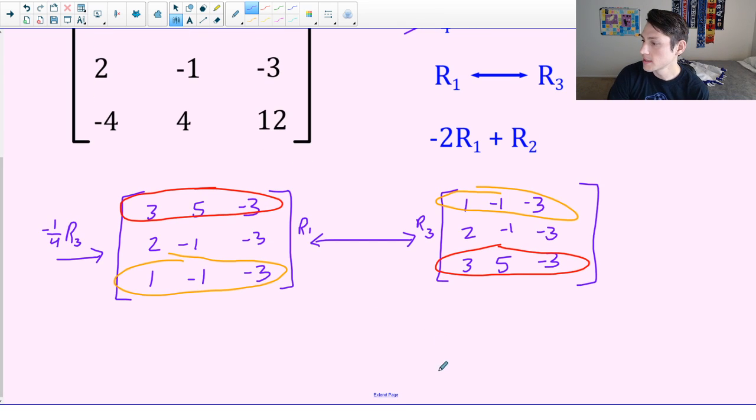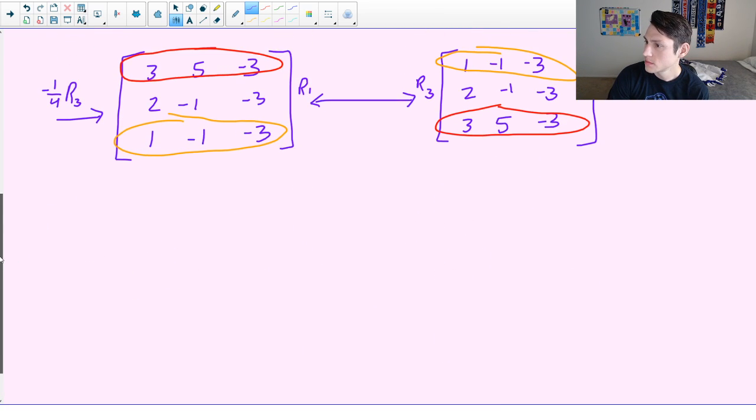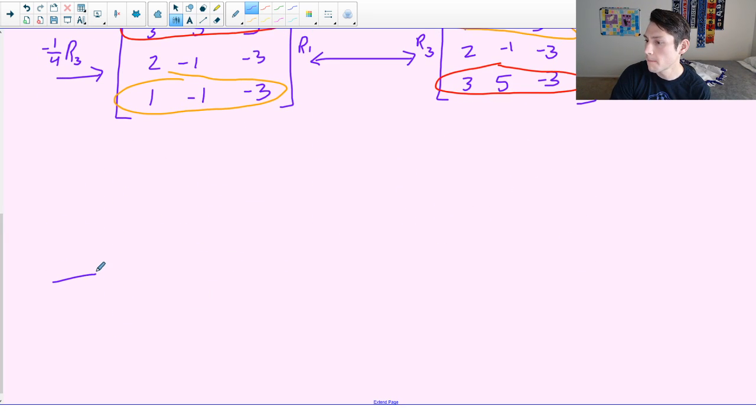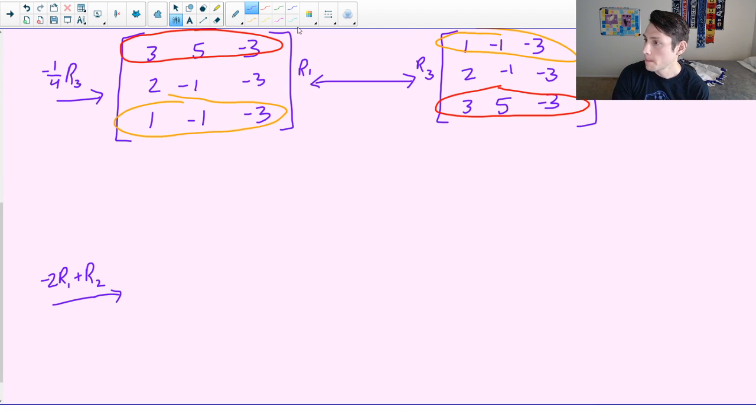And lastly, our next row operation was, what was it? -2 times row 1 plus row 2. One of the things I tried to emphasize in this notation is that in the first row listed, both of these rows do not change. The first row listed, which in this case turns out to be row 1, should stay exactly how it is.